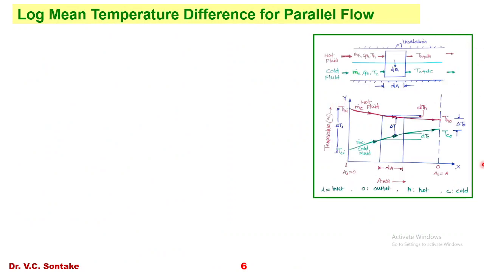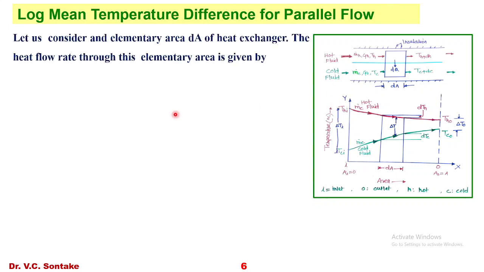We will be referring to this diagram. Let us consider an elementary area dA of the heat exchanger. The heat flow rate through this elementary area is given by dq equal to U into dA into delta T, which can also be given as U into dA into Th minus Tc.